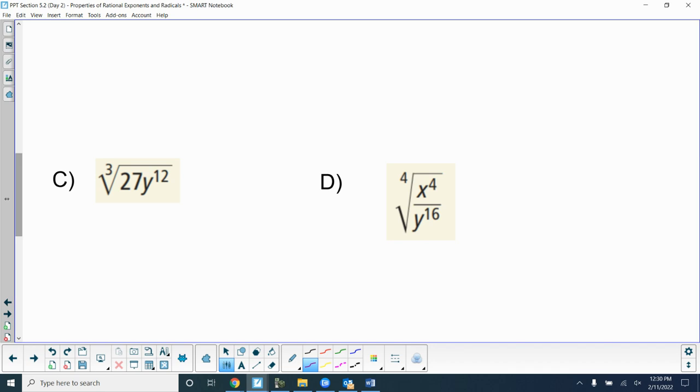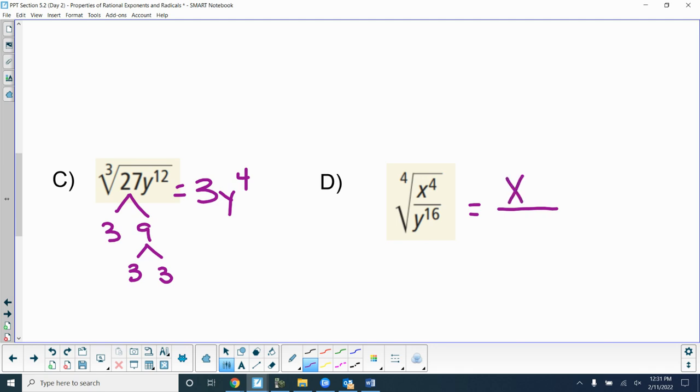All right, so for the 27, I'm going to do this. You could put it in your calculator if you want. What's the cube root of 27? 3. What's 12 divided by 3? 4. Pretty easy, isn't it? What's the top?